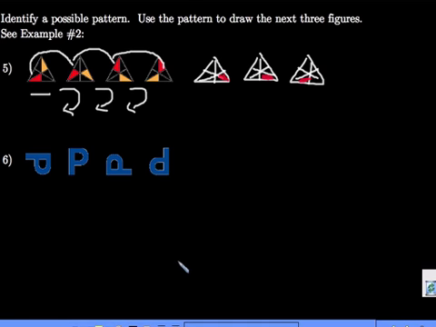Now with the yellow, it was here. So that means it will go to there, and then to here. So that would be how the next three would look for number 5.